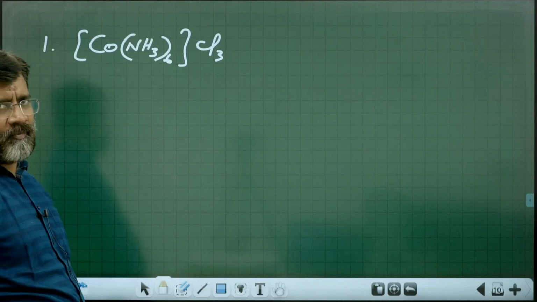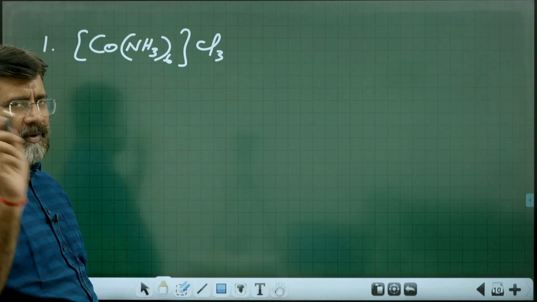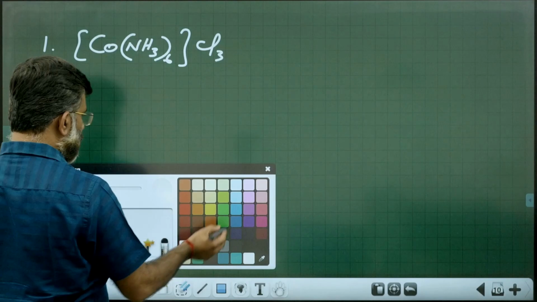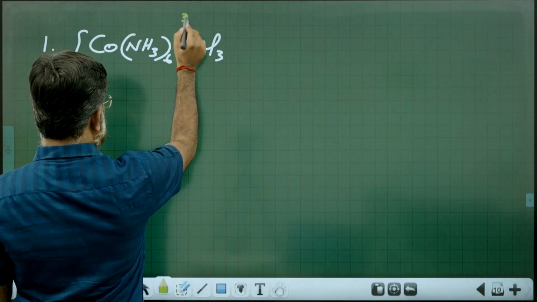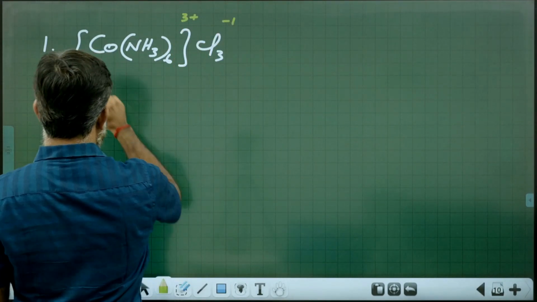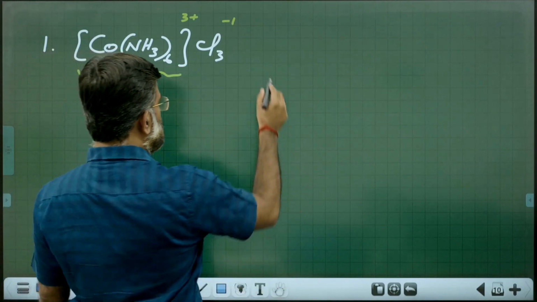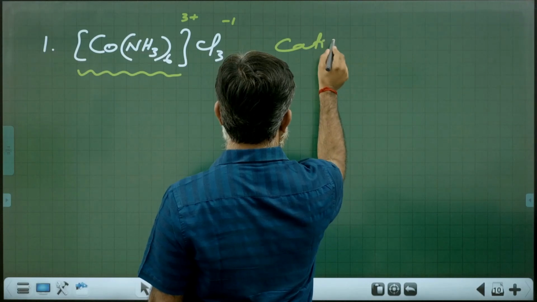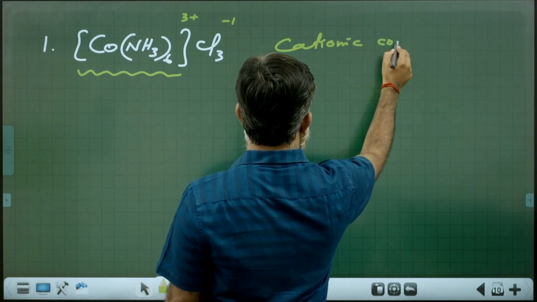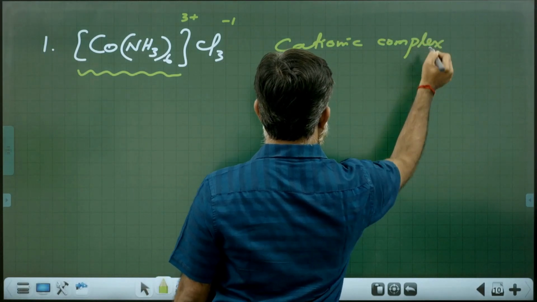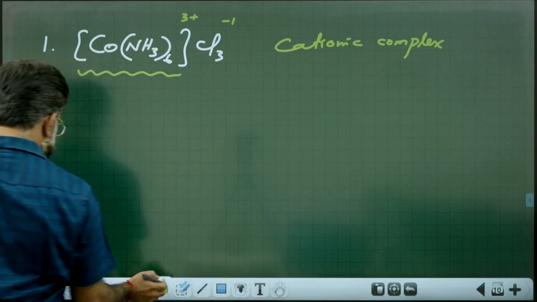This is type 1. We call it a cationic complex. You look at this. This is 3 plus and this is minus 1. The complex part is a cation. We call it a cationic complex.